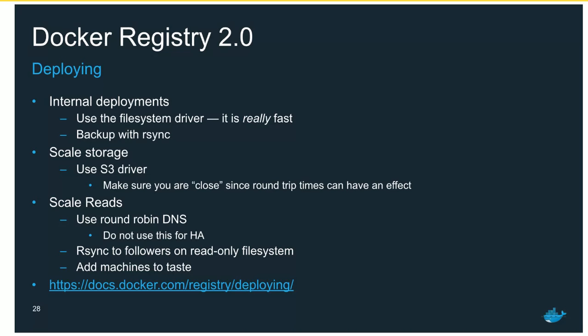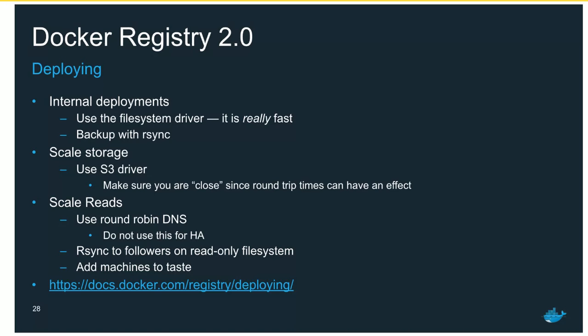So if you're looking to scale reads, where you have a small set of data that'll sit on a single machine, you can use round robin DNS to distribute users of the registry out to multiple followers on a read-only file system, and then you can just add machines to taste.